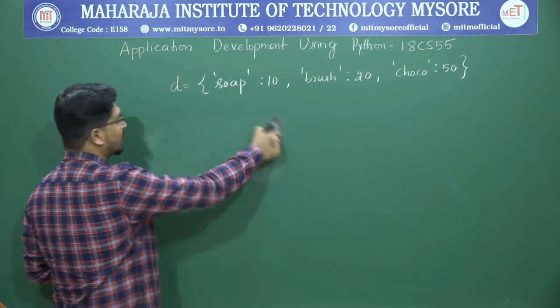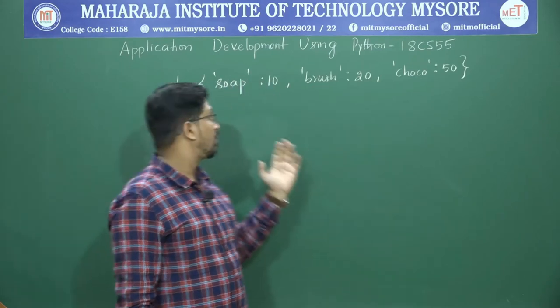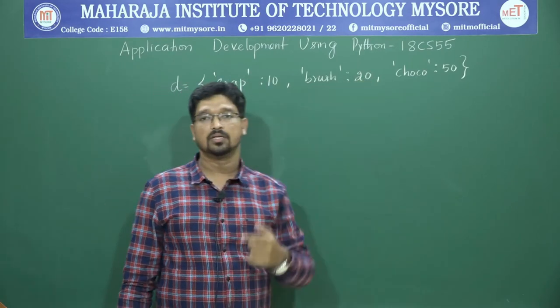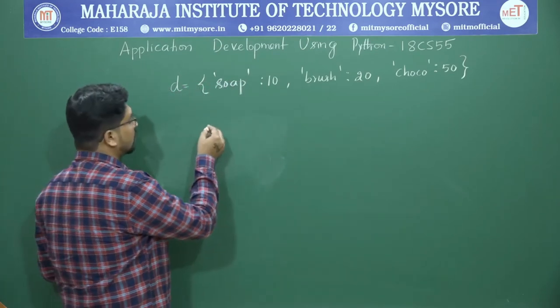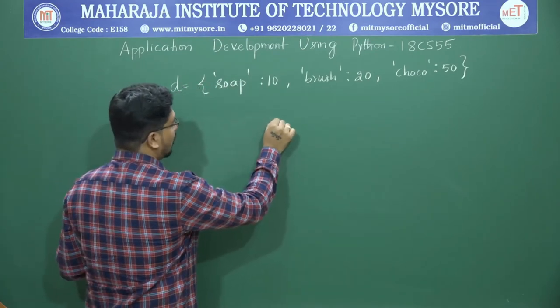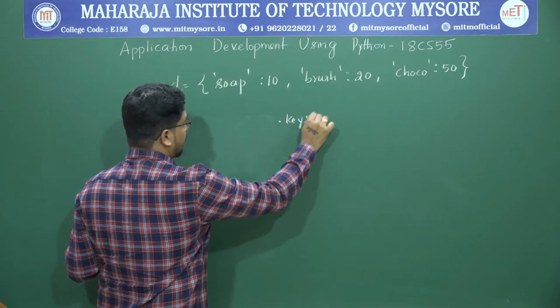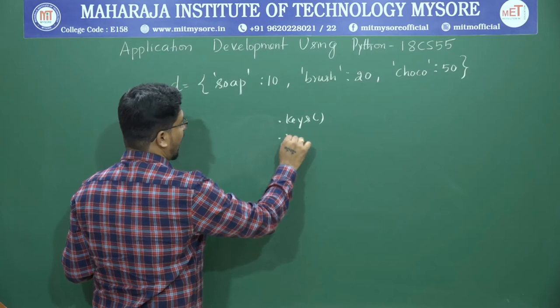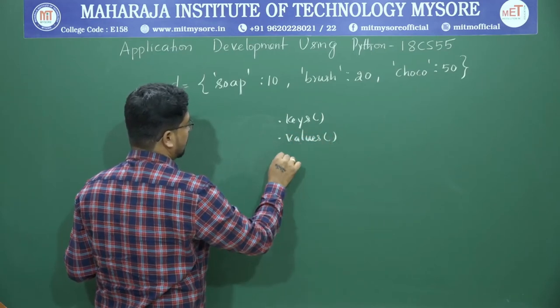Let us say I want to access all the key elements, or all the value elements. Then how do we access them? We can access keys through the function called keys. The same way you can access values using the function values.